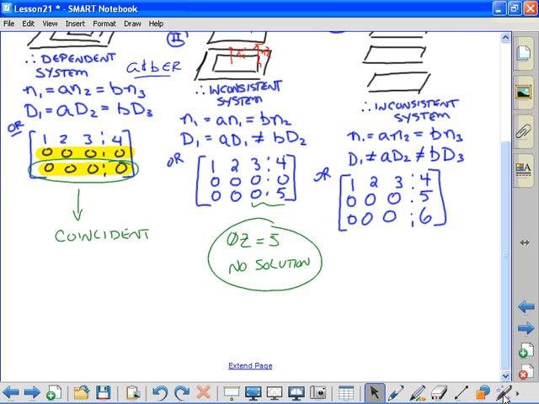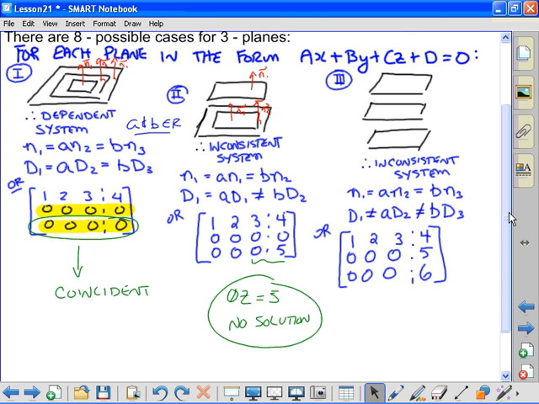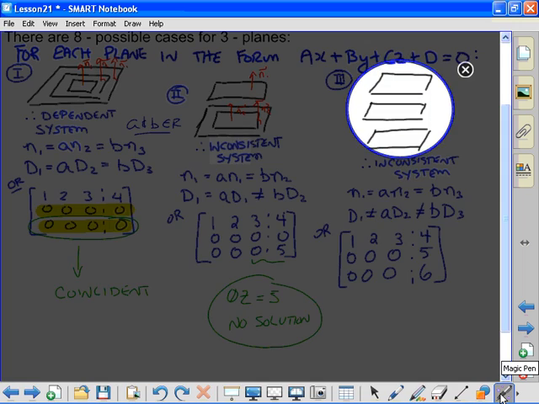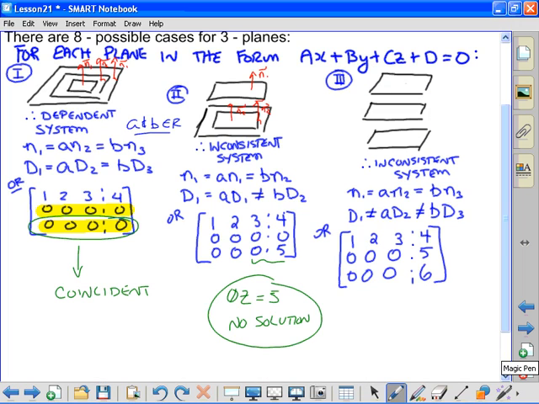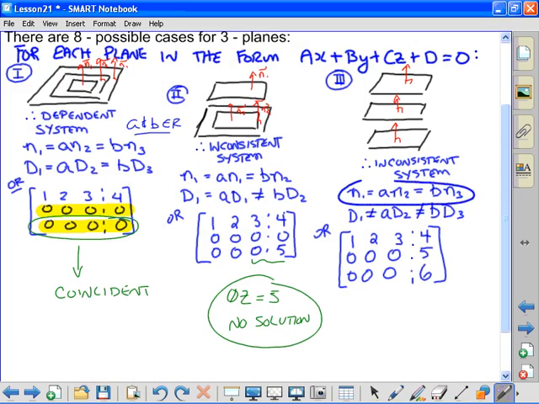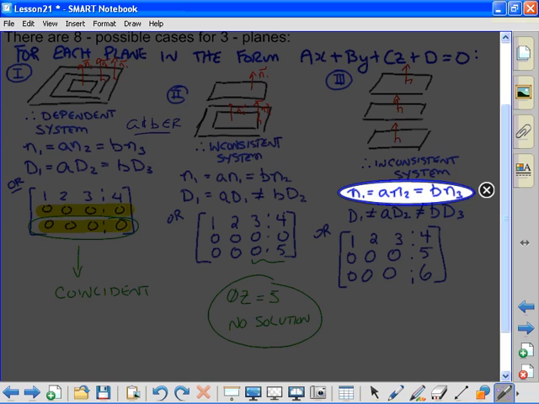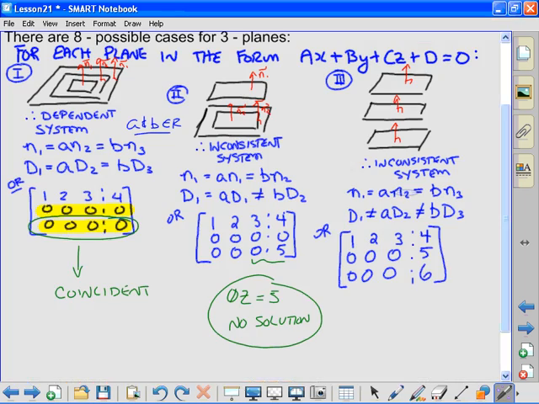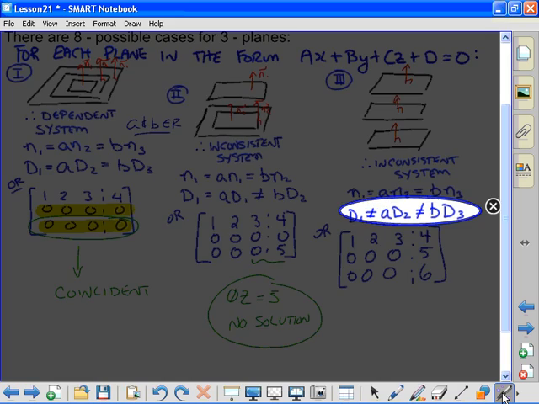All right. And the third scenario, when all three planes are parallel to each other, again, all the normals will be pointing in the same direction, all perpendicular to their plane. So it's inconsistent because the three planes do not share anything in common. The normals will still work for you when you do your test. However, none of the constants will work.